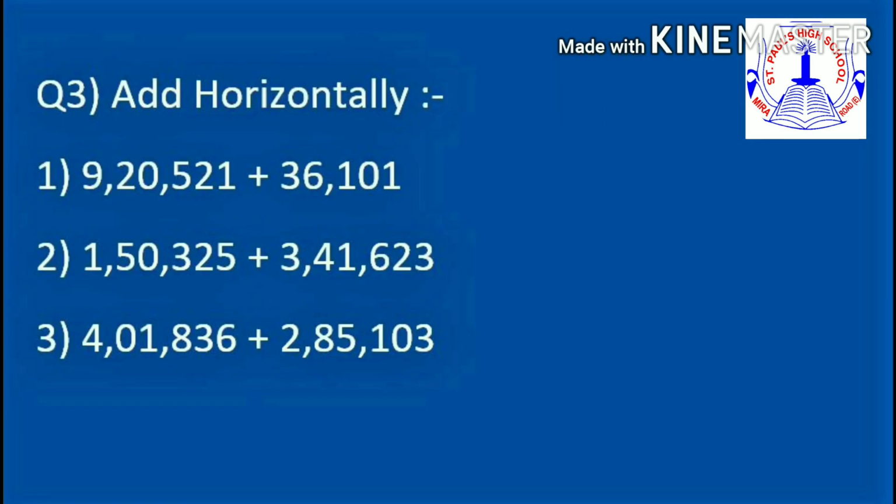Question number 3. Add horizontally. First one, 9,20,521 plus 36,101. Second one, 1,50,325 plus 3,41,623.